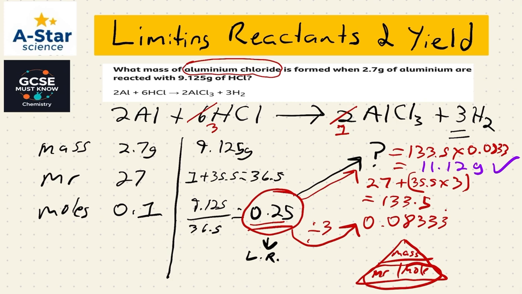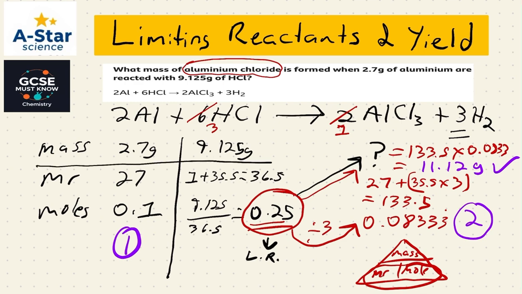So that was a more challenging question because they first asked you to find out what the limiting reactant was, and then they asked you to find out the unknown mass of one of the products. But nevertheless, the method is the same. I call it the table method because you can see all of the values line up in a nice table, and it allows you and your teacher to really structure your answer and understand what it is.